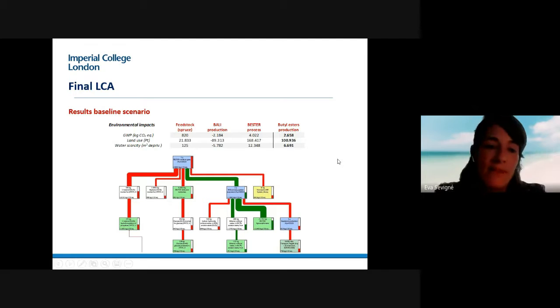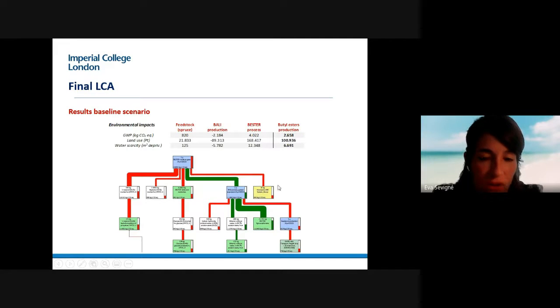And these are the general results, focused only on climate change, land use, and water scarcity, based on the product environmental footprint methodology. Here you will see the table where we have included the production of the spruce, the valley process, the bester process, and finally the results of the full butyl esters production.